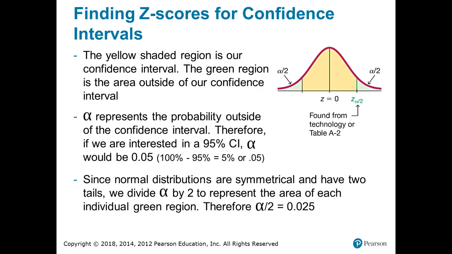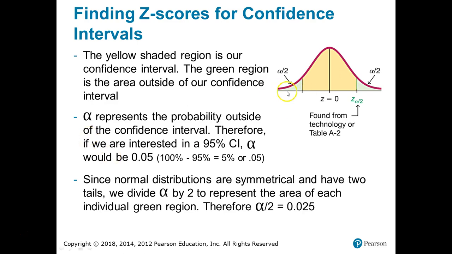So how do we find those z-scores for the confidence intervals? The yellow shaded region is our confidence interval. This would be our lower z-score, this would be our upper z-score. The green region is the area outside of our confidence interval. Alpha represents the probability outside of the confidence interval. Therefore, say we are interested in a 95% confidence interval.